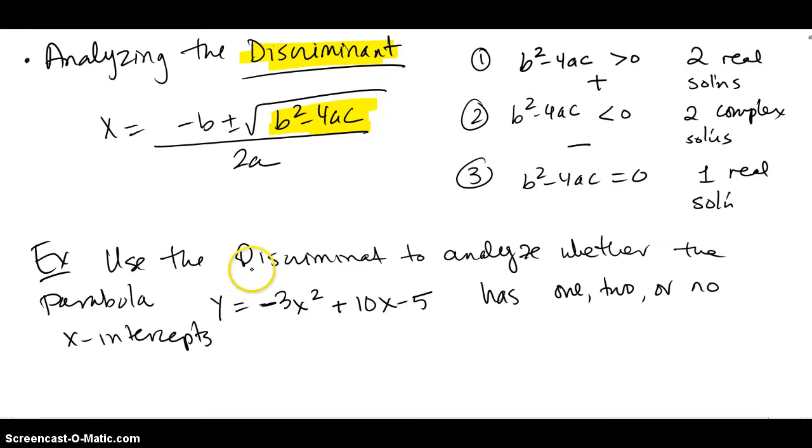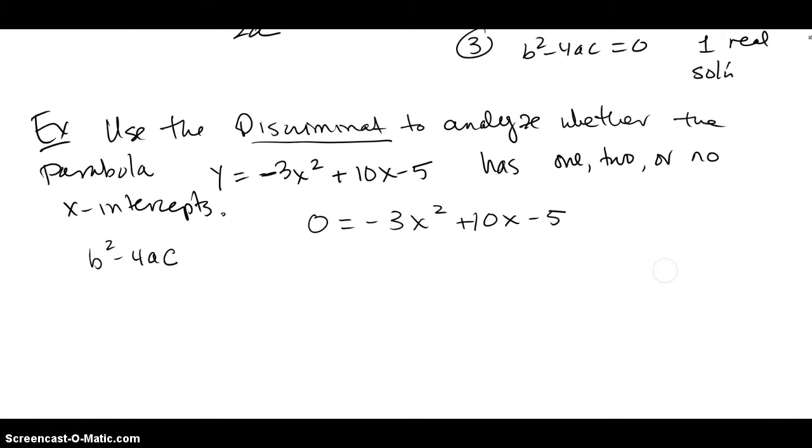So let's look at an example. It says use the discriminant to analyze whether this parabola has 1, 2, or no x-intercepts. In other words, when I make y equal to 0 to find the x-intercepts, instead of going and finding the x-intercepts, let's just use the discriminant b squared minus 4ac to predict what kind of x-intercepts I may have. So there's a, b, and c. b is 10 squared minus 4, a is negative 3, and c is negative 5.